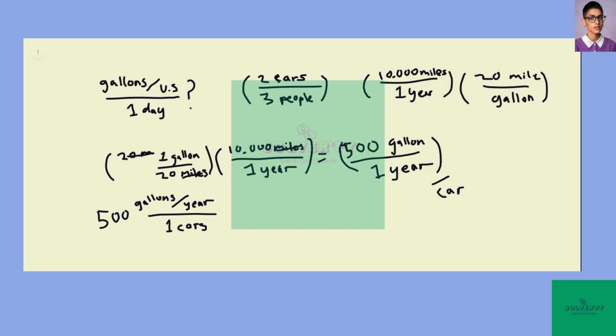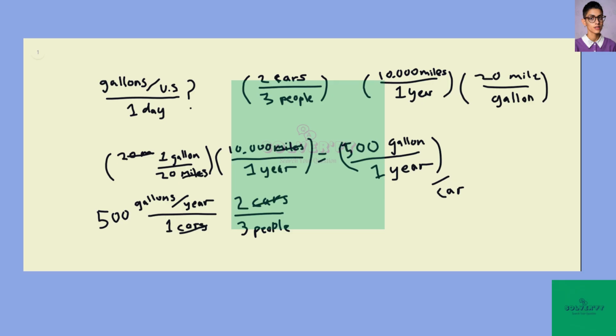So in this case, we flip this and keep it the same, because we want the quantity for cars to disappear. Divided by 3 people. And so we can get rid of these units.